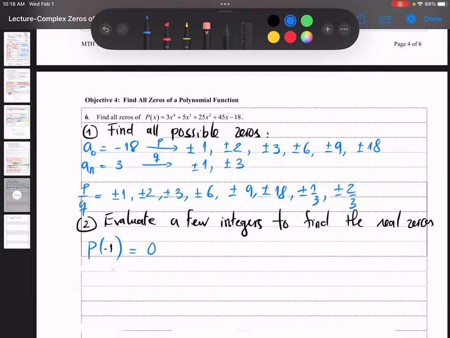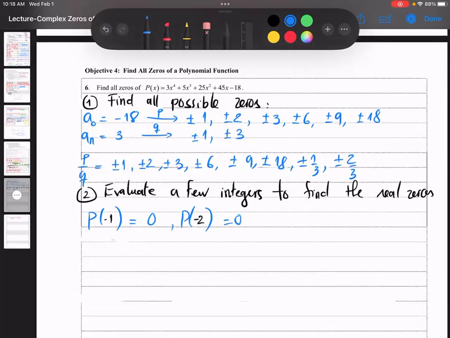So I'm going to move on to negative 2. And it turned out to be 0. You have 2, you stop right there, right? Because you have enough. The last reducible factor will be quadratic. Then you can use the quadratic equation to solve for that.